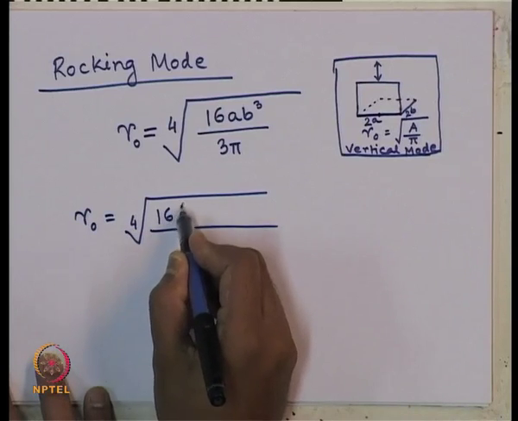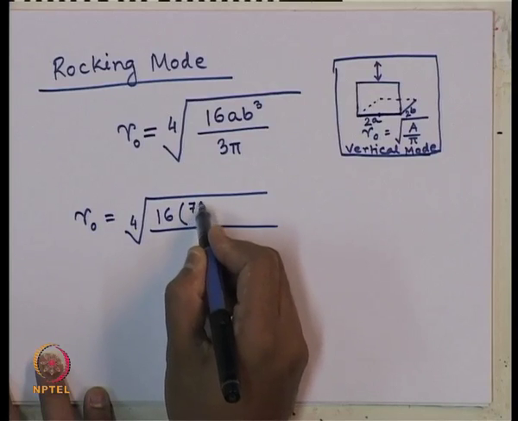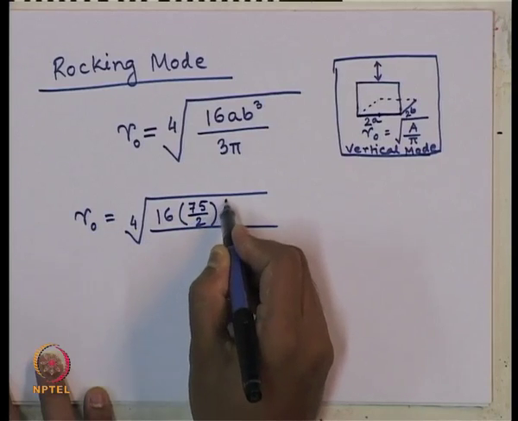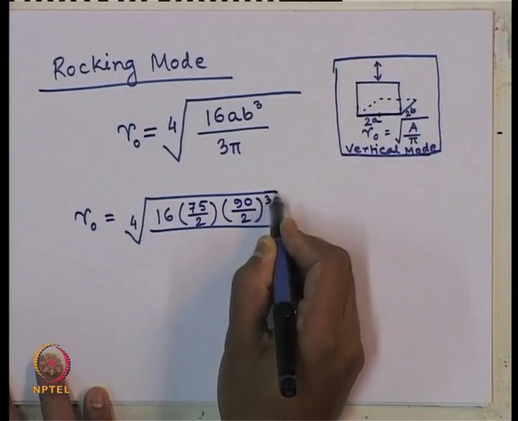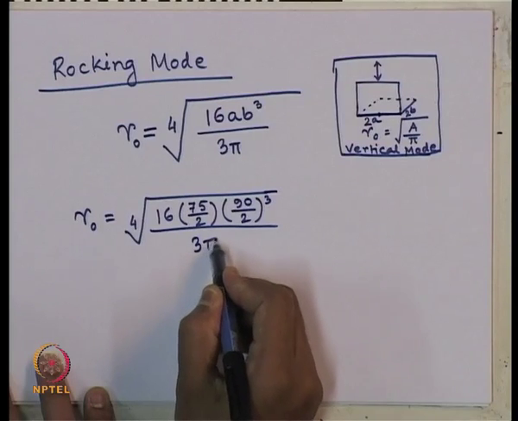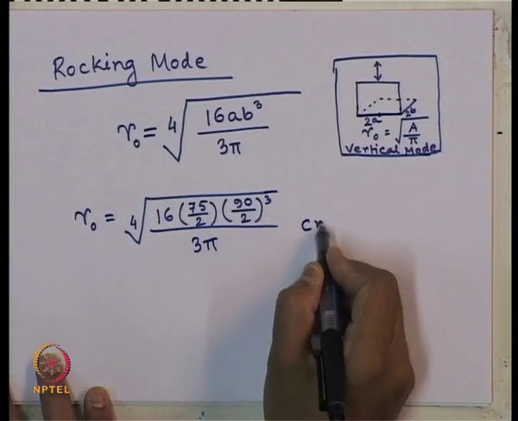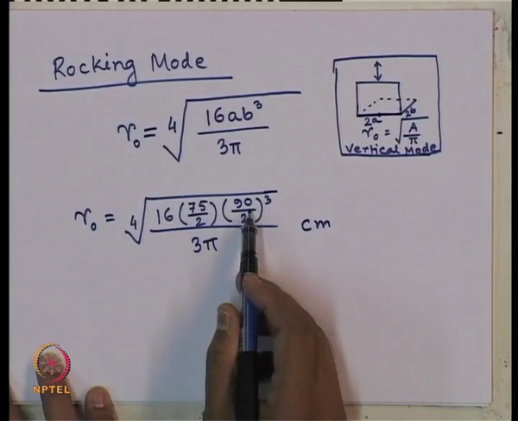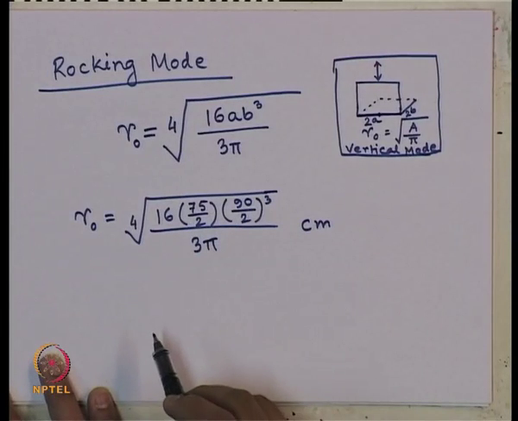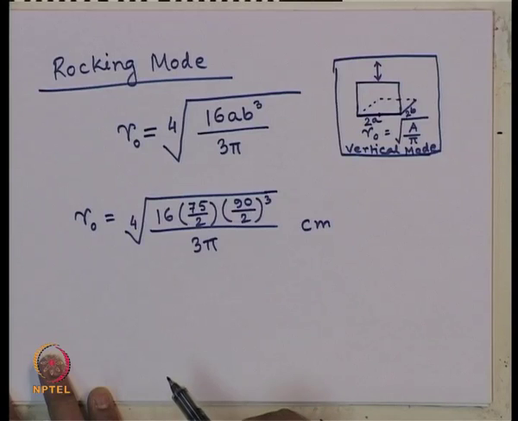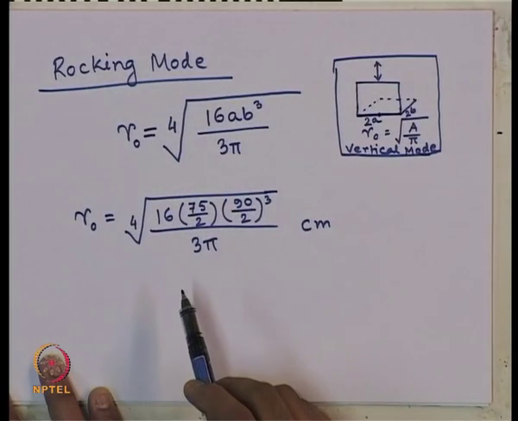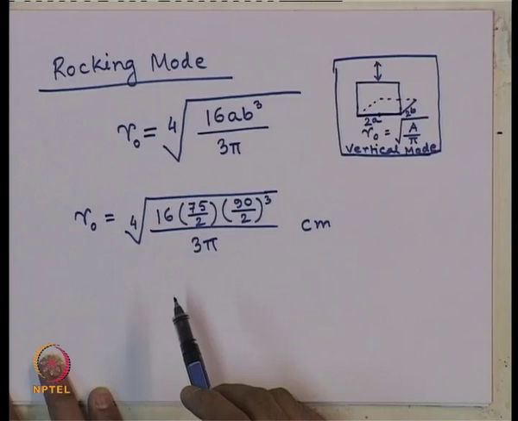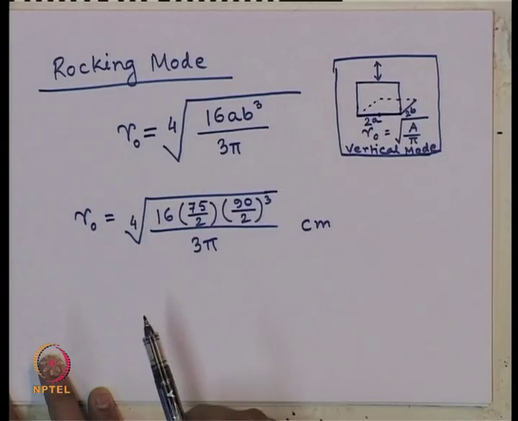16 times 75 by 2 and 90 by 2 whole cube by 3 pi. So much of centimeter, because this 75 centimeter and 90 centimeter are the total dimensions in x and y direction. So, for rocking this will be the equation, whereas for pitching it will be a cube b.